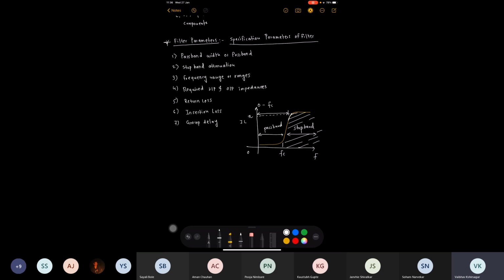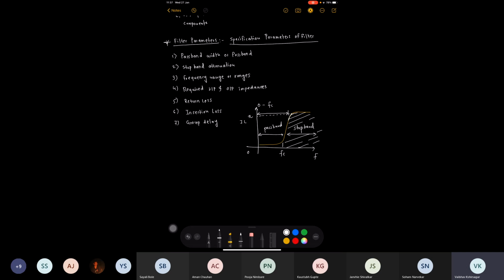In the stop band, a typical value of insertion loss can provide us how much the signal is getting attenuated. Ideally, in the stop band, the attenuation should be infinite, right? It should be as high as possible, and the insertion loss is going to be high. These two definitions, the frequency range and the pass band, are utilized more or less simultaneously. So the frequency range is nothing but the pass band.